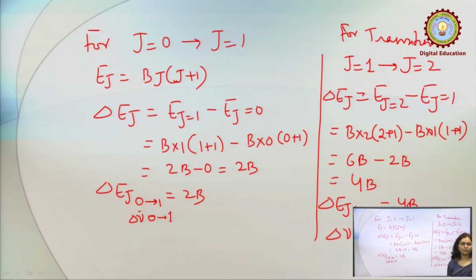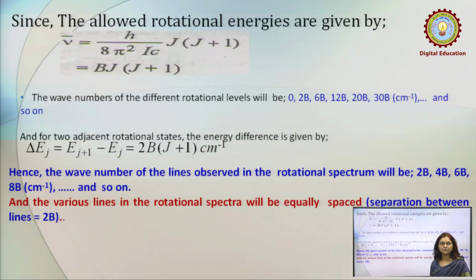In this way, we can calculate the transitions between the various rotational energy levels. Since the allowed rotational energies are given by the formula h upon 8 pi square I c into J into J plus 1, we get this relation. The wave numbers of different rotational levels will be 0, 2B, 6B, 12B, 20B and so on.